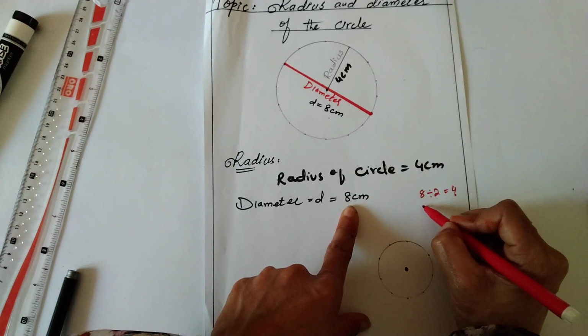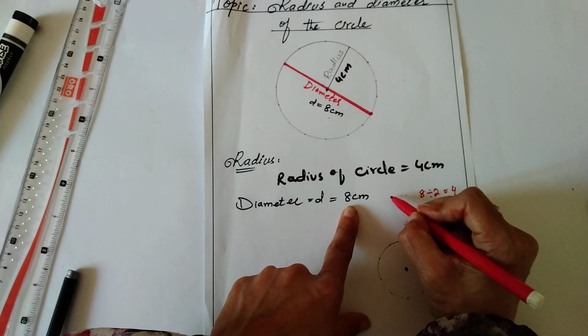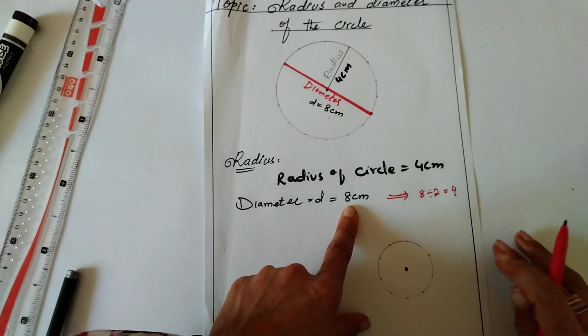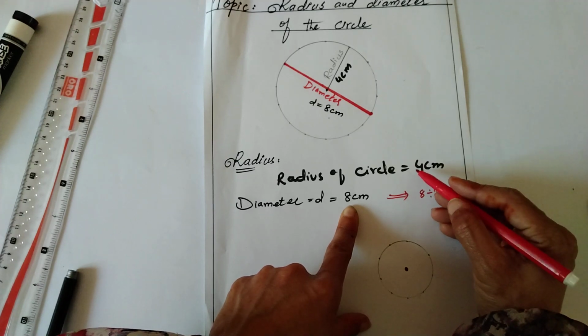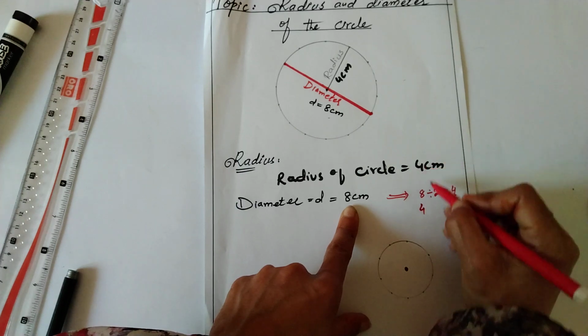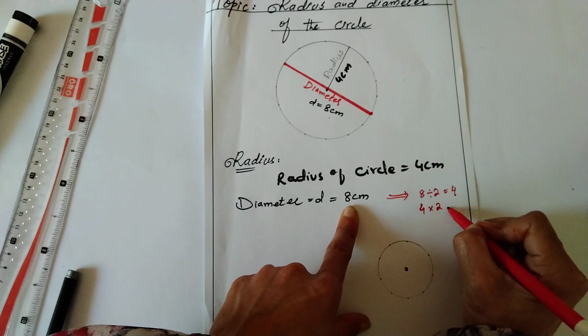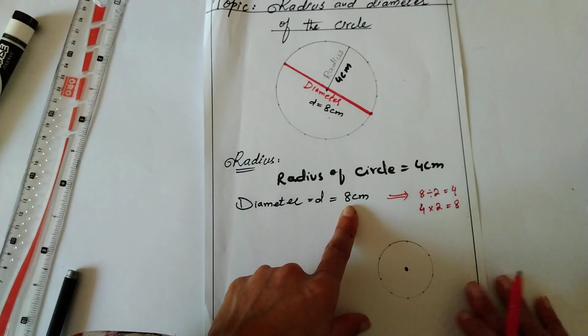To find the radius, this is the diameter. We are finding the radius from the diameter. And if you want to find the diameter from the radius, you have to take the double of the radius and multiply the radius by 2.